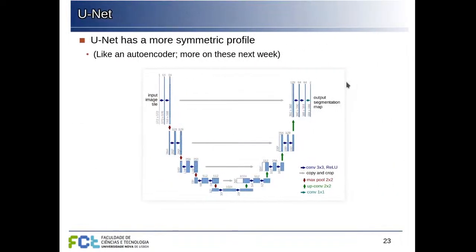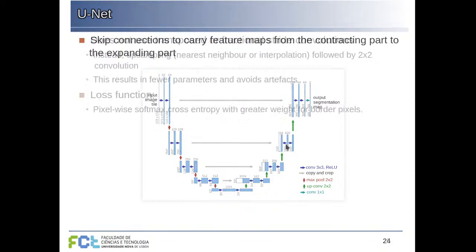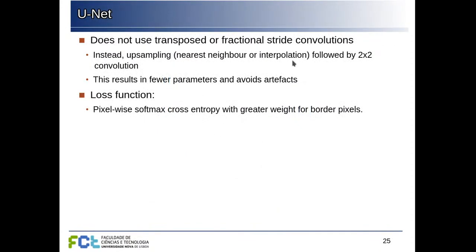But since we are in this case doing an upsample to increase the resolution 2 times in each direction, if we do that, for example, with the nearest neighbor or interpolation, we will get something that is a bit out of focus because we are just copying values. But then when we apply a 2x2 convolution, we can learn how to bring that layer back into focus. So we learn how to improve the upsampling in this way.